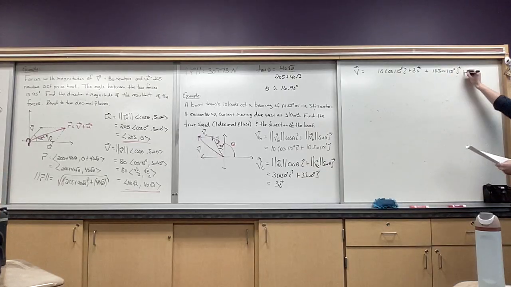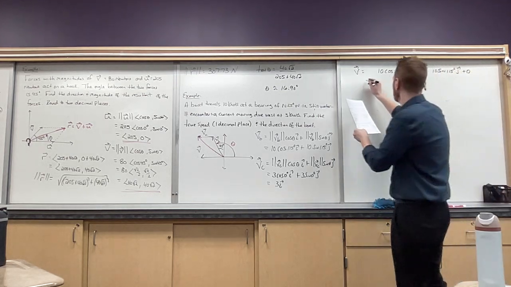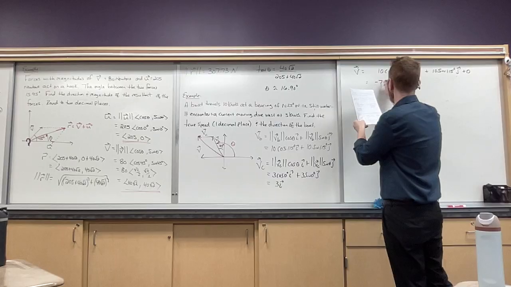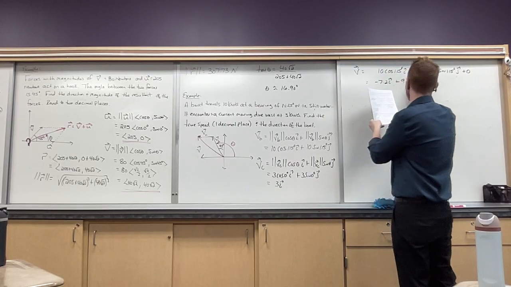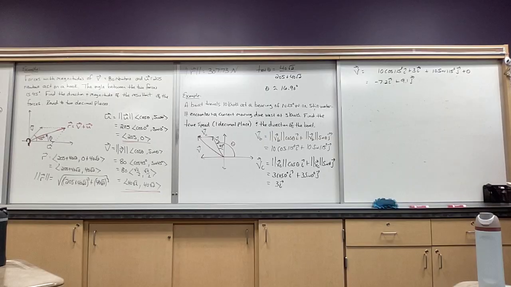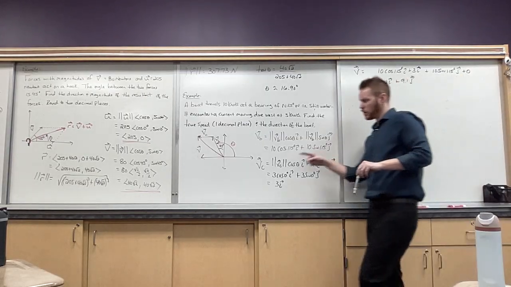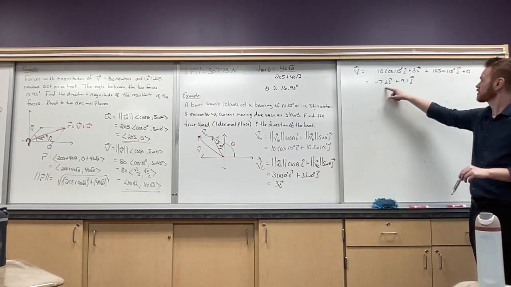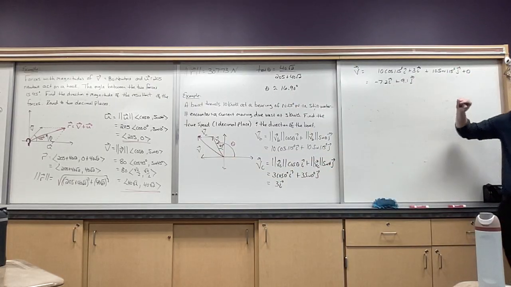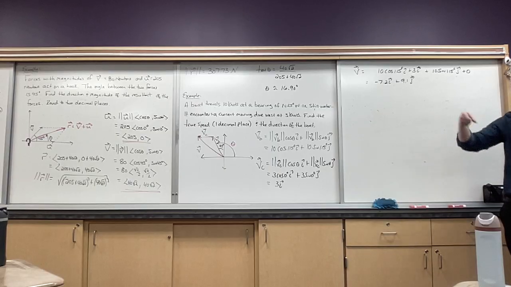If you want to put 0 there, you could, but don't need to. All right, plugging this in on the calculator, we get negative 7.2 i plus 9.1 j. Now here's a good sign to know you did something right. I'm in quadrant 2, so I should have a negative x component and a positive y component. If it didn't match the quadrant, then I did something wrong with the angle.